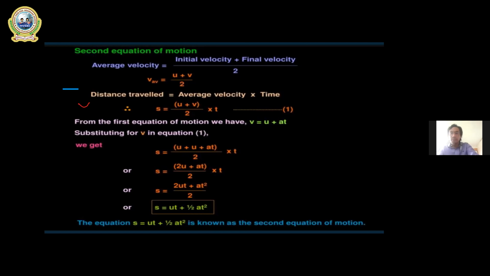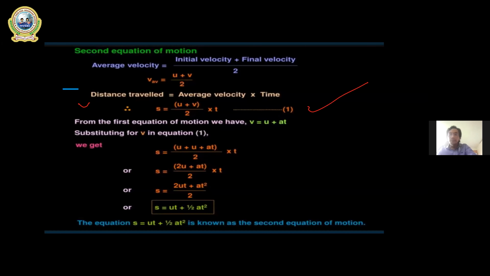So displacement equals average velocity into time. Displacement s equals, from the expression for average velocity above, (u plus v) whole upon 2, into t, that is time. This is our equation first.